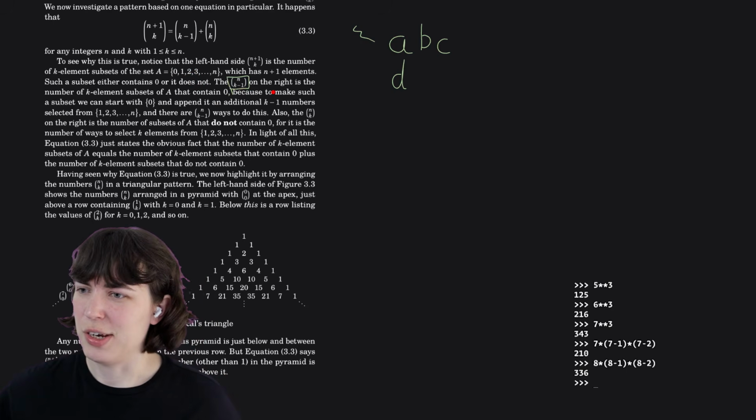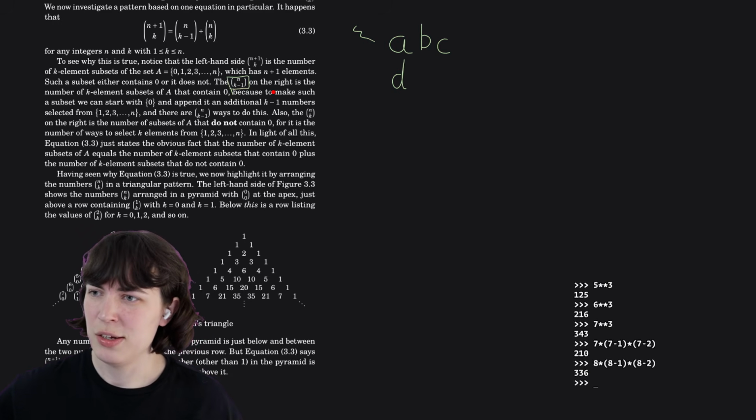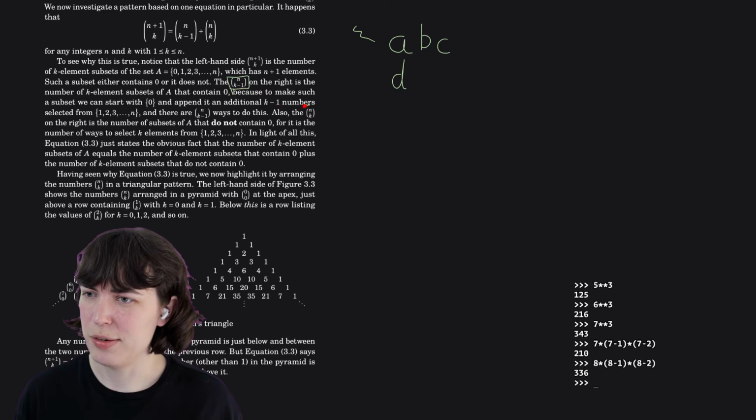It might not be large enough. Okay. Plus the number of k element subsets that do not contain 0. And that is this part. This is the ones that don't contain 0.